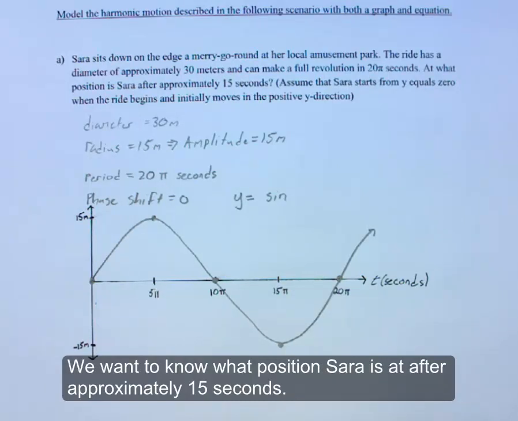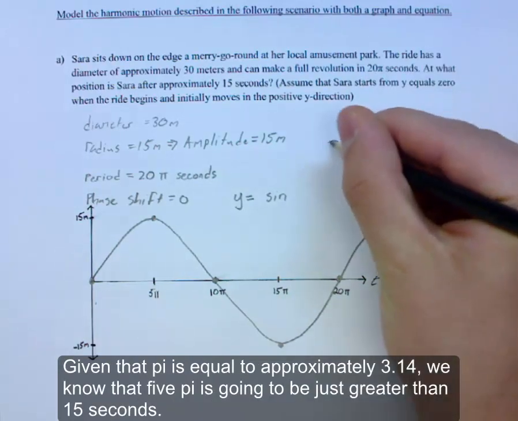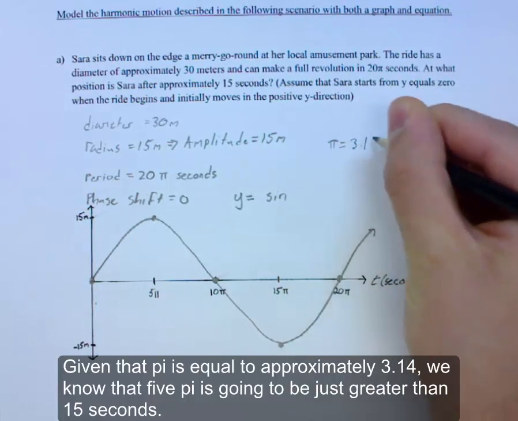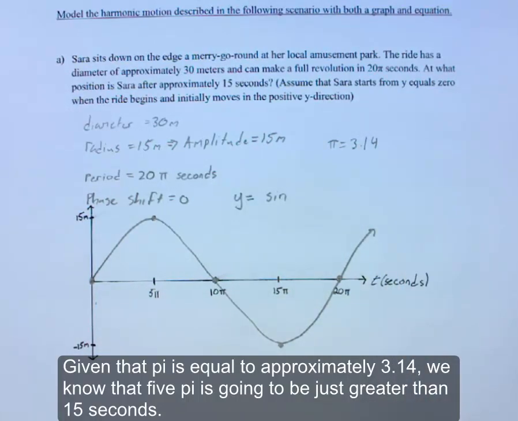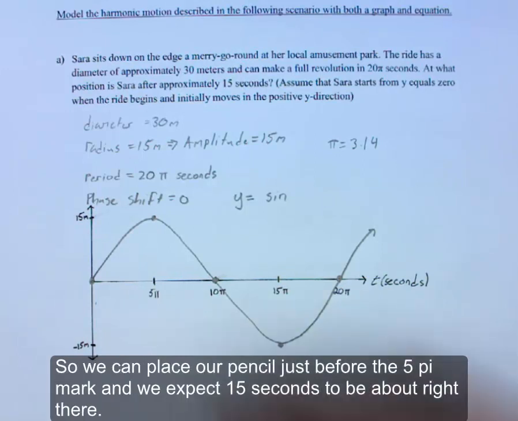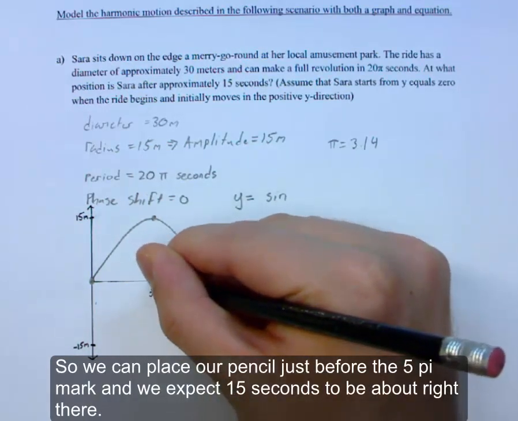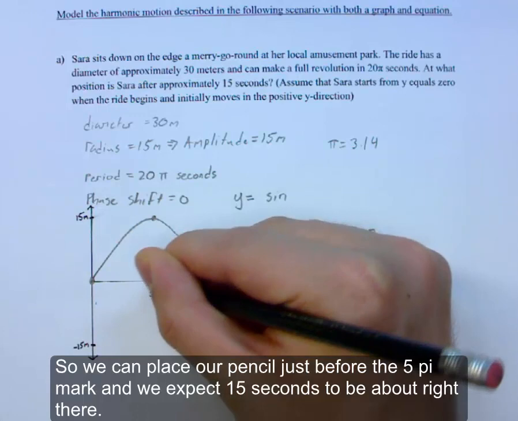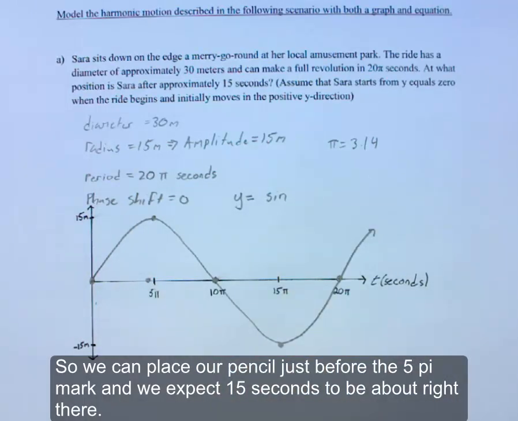We want to know what position Sarah is at after approximately 15 seconds. Given that pi is equal to approximately 3.14, we know that 5 pi is going to be just greater than 15 seconds. So we can place our pencil just before the 5 pi mark, and we expect 15 seconds to be about right there.